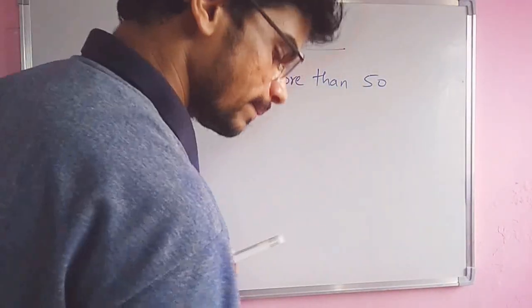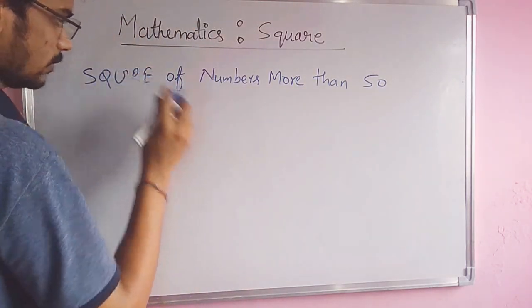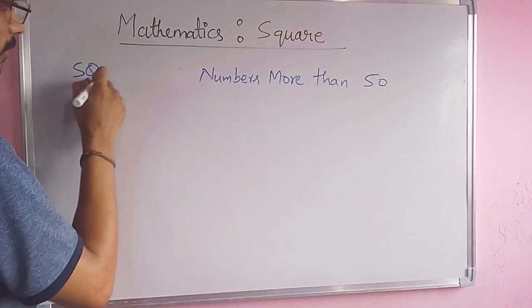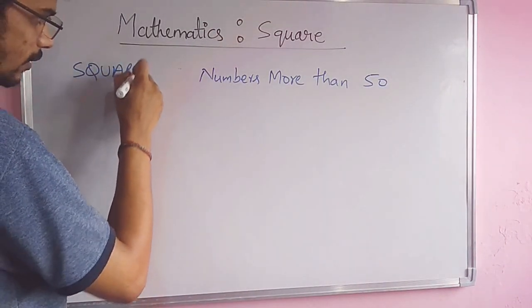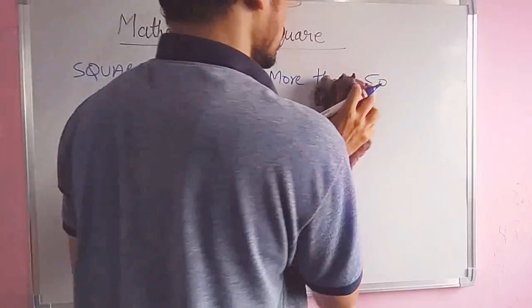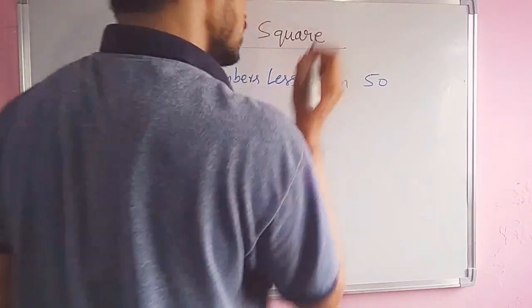Now we will move to the next topic of the day, that is the square of numbers less than 50.